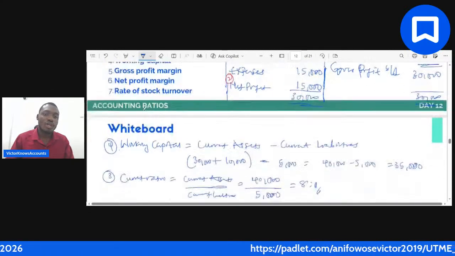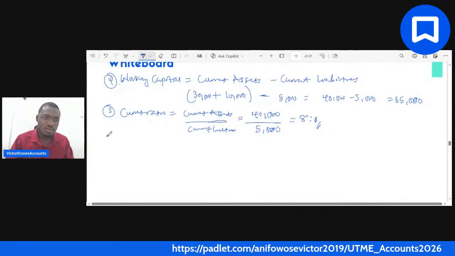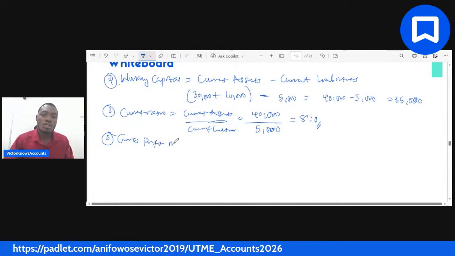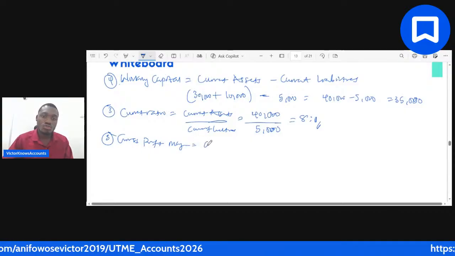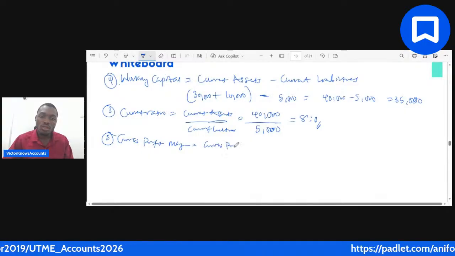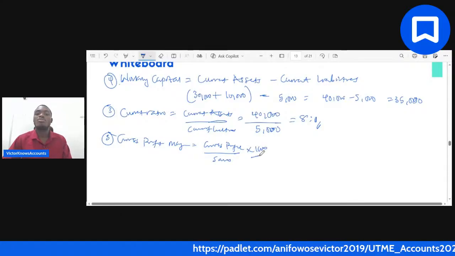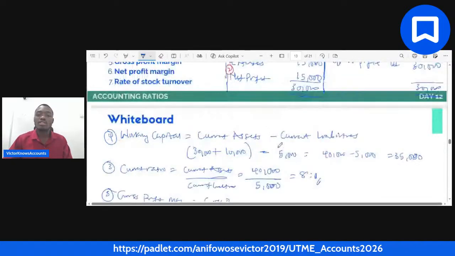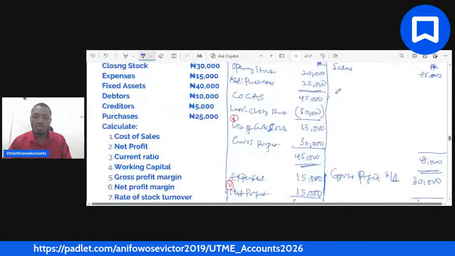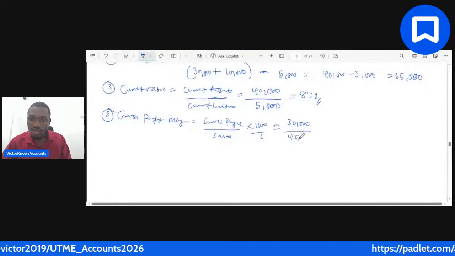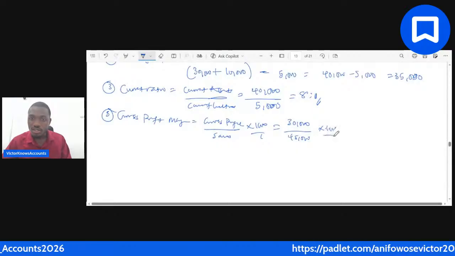Then they told us to find gross profit margin. Gross profit margin equals gross profit over sales multiplied by 100 over 1. Our gross profit here is 30,000, our sales is 45,000. So you say 30,000 naira over 45,000 naira multiplied by 100 over 1.